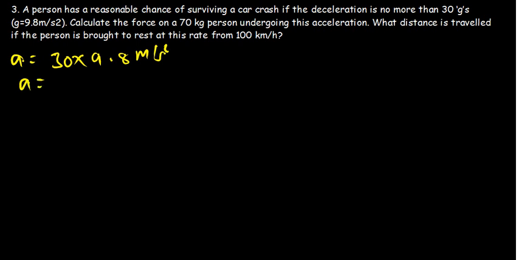If we do that, we should be able to get 294 meters per second squared, meaning this is our acceleration. At the same time, we know the mass, which is 70 kg. Now part A is asking us to calculate the force.